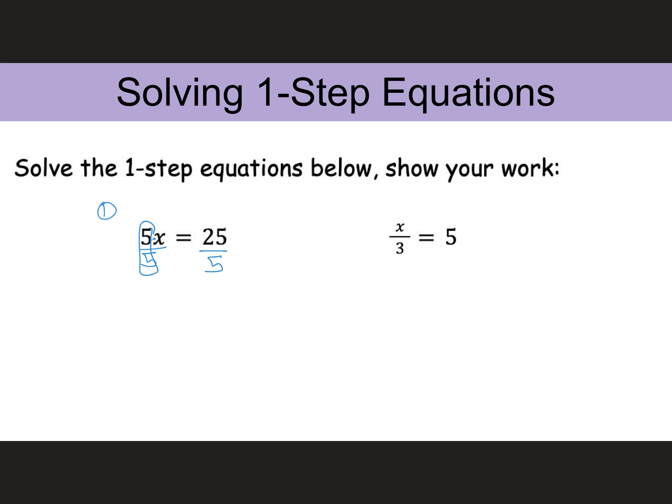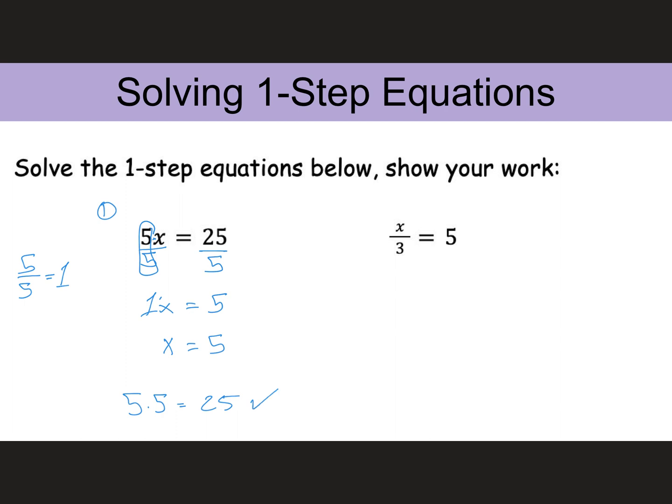Why? Well, what's 5 divided by 5? 5 divided by 5 is equal to 1. So what I'm left with is 1x. And 25 divided by 5 is 5. So x equals 5. And I can check it. 5 times 5 equals 25.